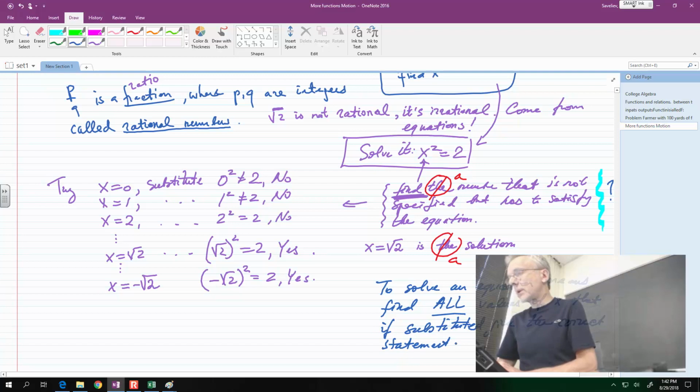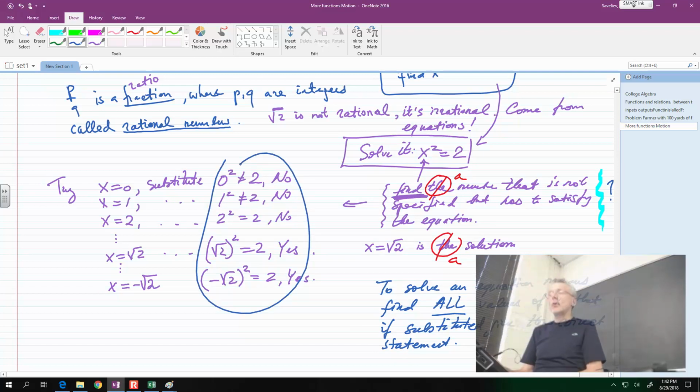The correct statement is what we were doing here. So if it is incorrect, then it's not a solution. If it is correct, then it is a solution.